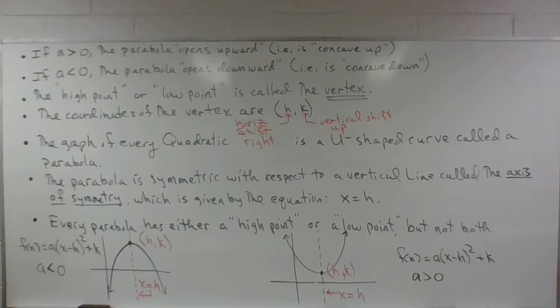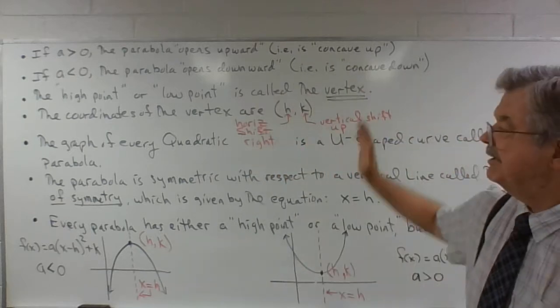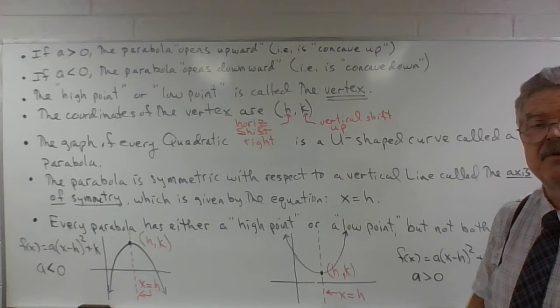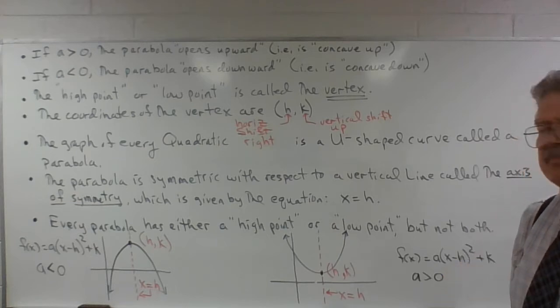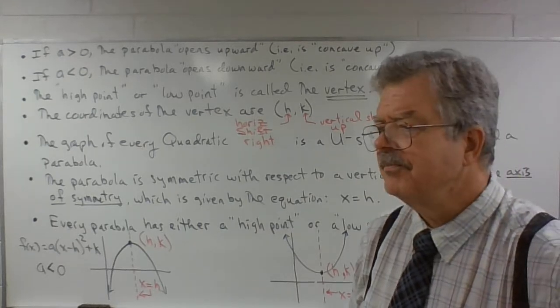Now, I think we have just about everything that we need for right now to do some graphing. Take a picture of this with your mind, or make sure you have this in your notes. We're going to do some exercises now.